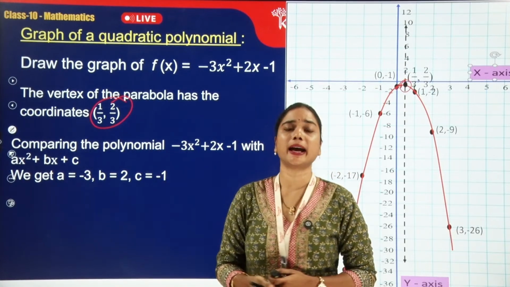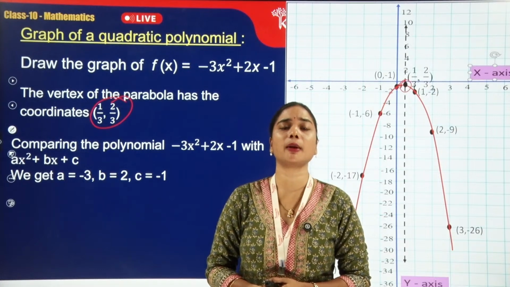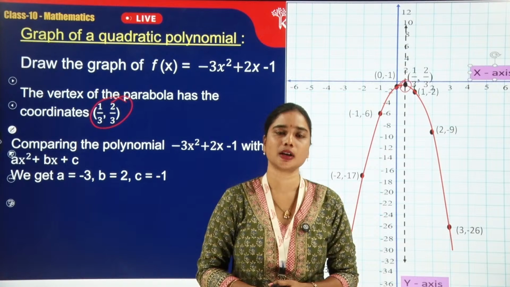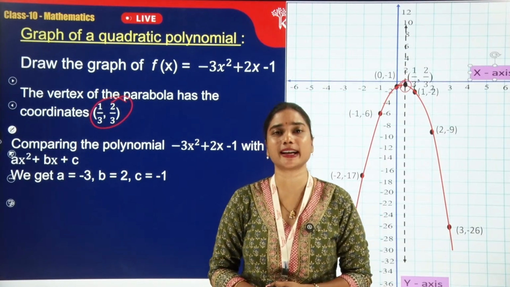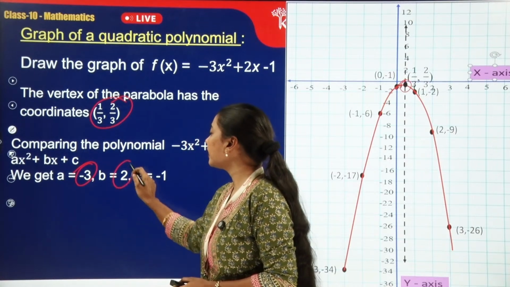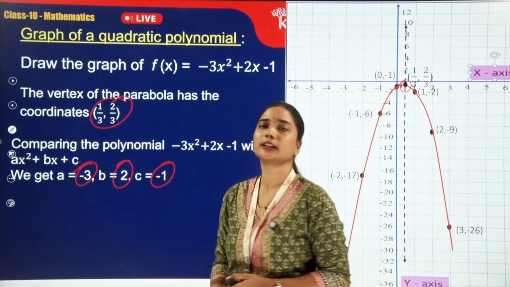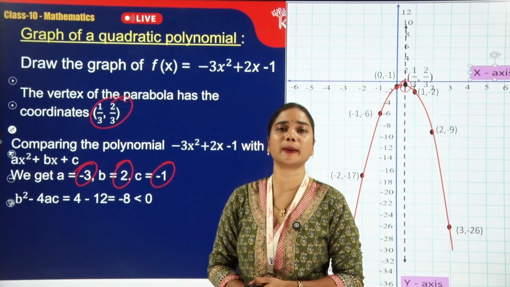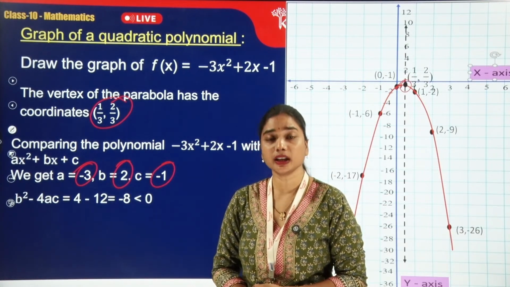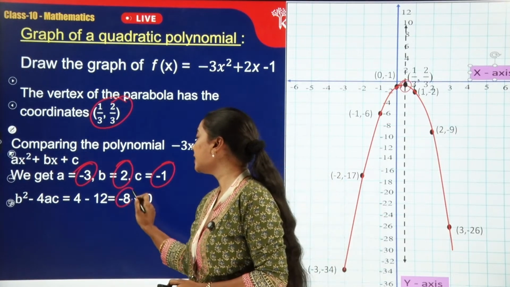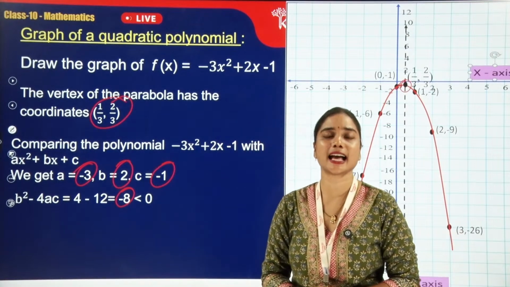let's compare the given quadratic polynomial with ax square plus bx plus c. So here the coefficient of x square is -3, the coefficient of x is 2 and the constant term is -1. Now find b square minus 4ac. So here the value of b square minus 4ac is negative, which is less than 0.